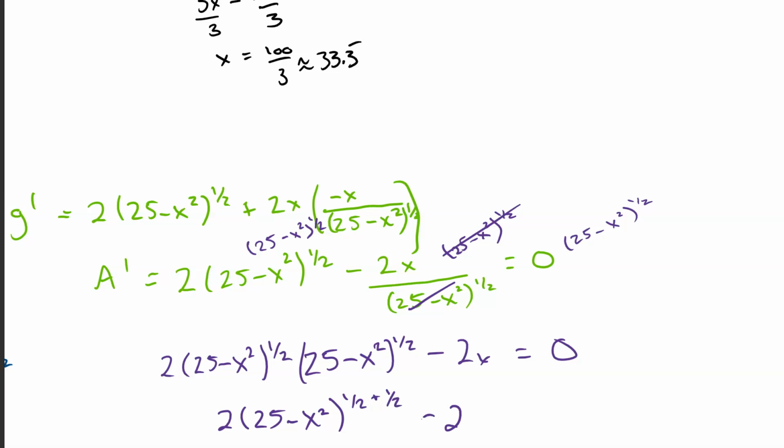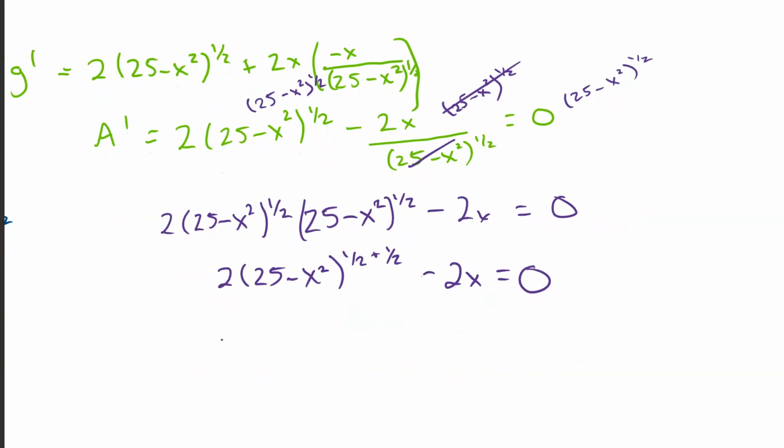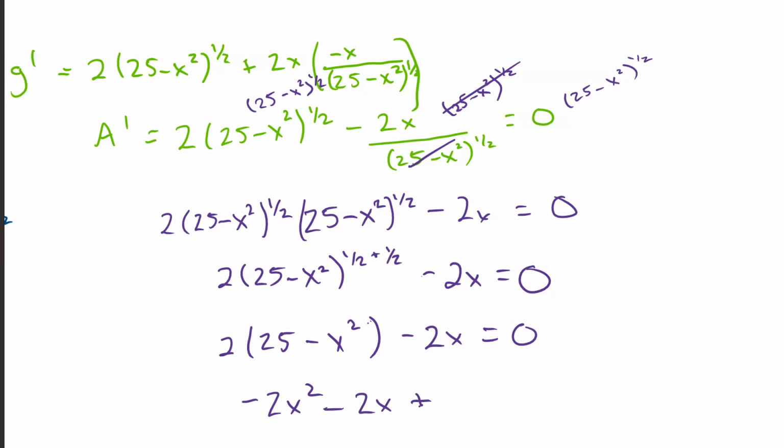I told you you weren't going to like this. It's just some tricky algebra, which is kind of baloney. So this is going to be to the first. Oh, look at that, we can distribute things. Oh, fancy. So I've got negative 2x squared minus 2x plus 25.